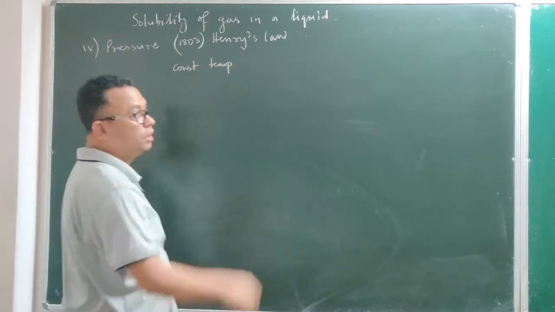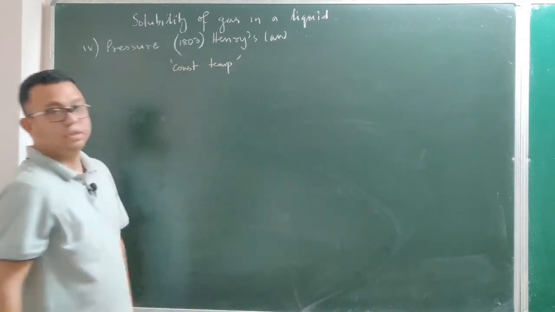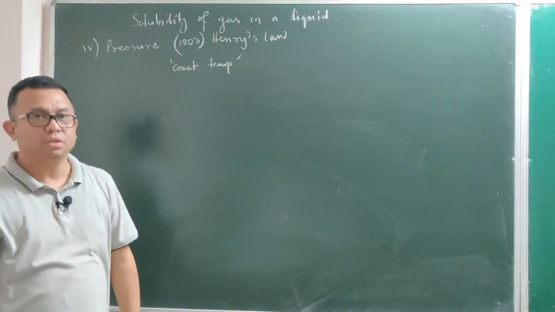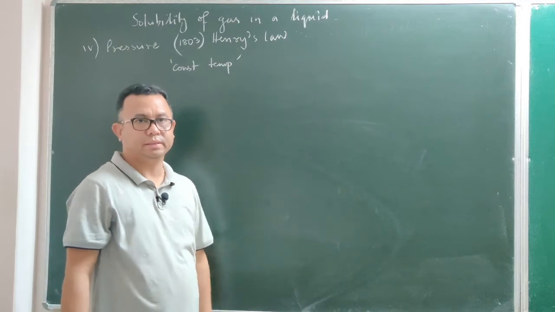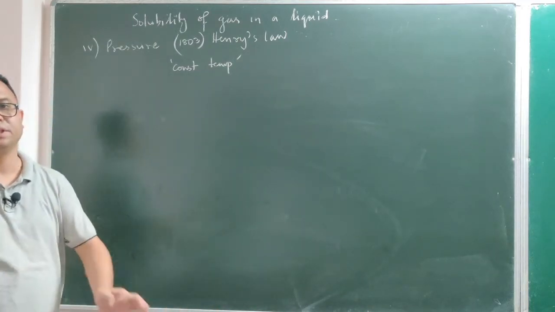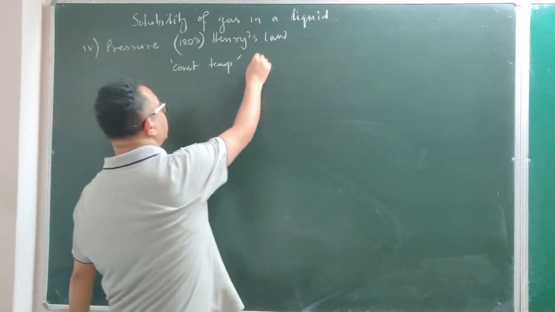The third factor we discussed, temperature, must be constant. So for a constant temperature, the concentration of the gas dissolved in the solvent is directly proportional to pressure.